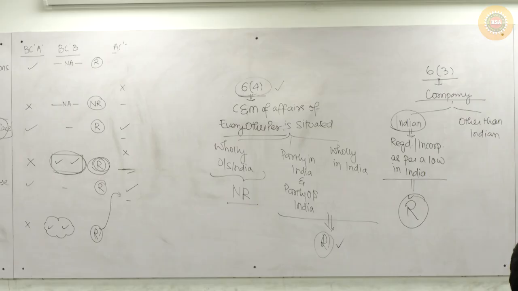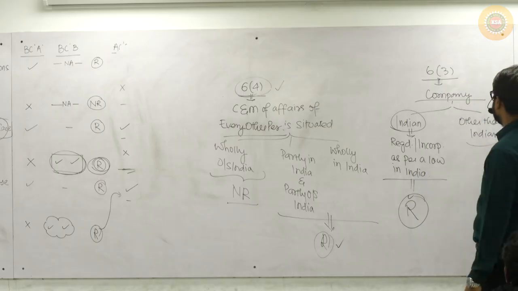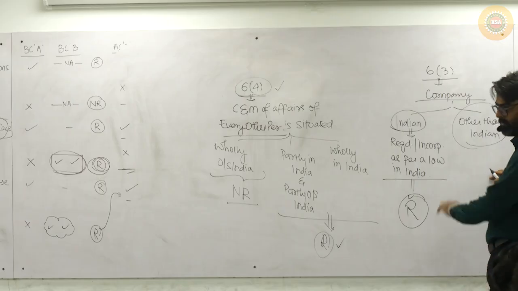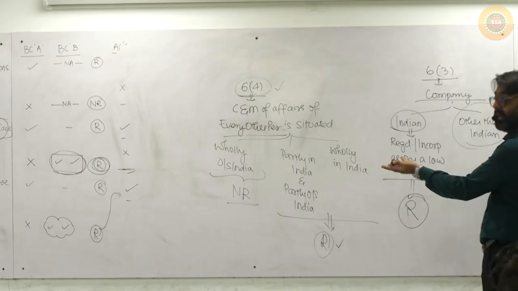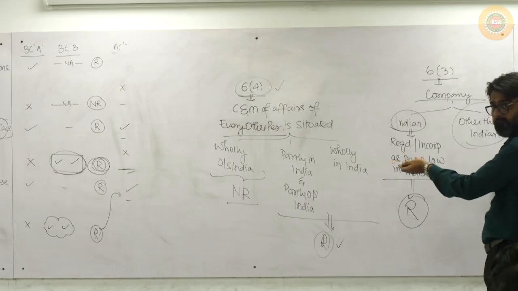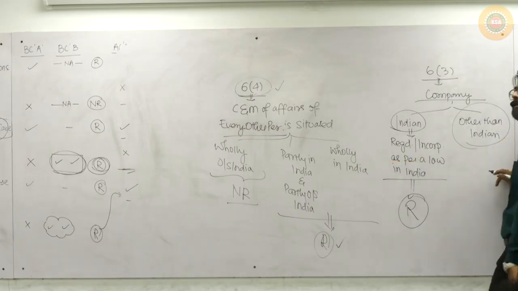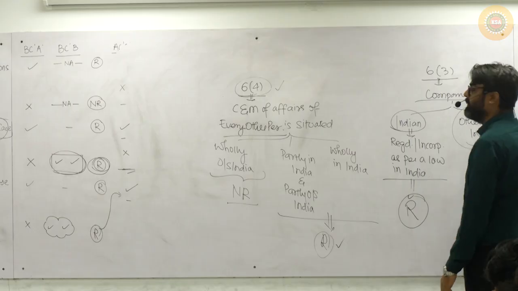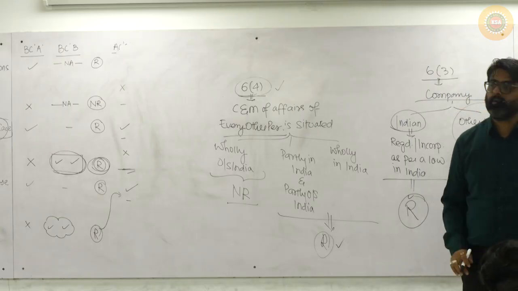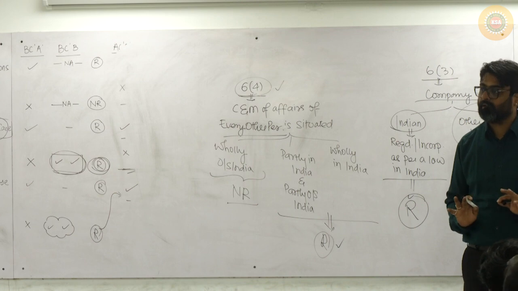Now what if a company is registered outside India? The company which is not registered in India, not incorporated in India, is other than Indian company. This company usually is treated as non-resident. Always or usually?